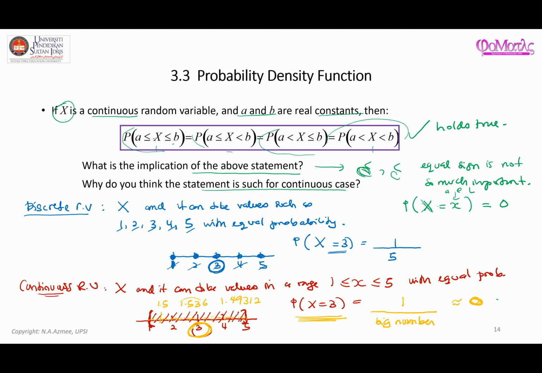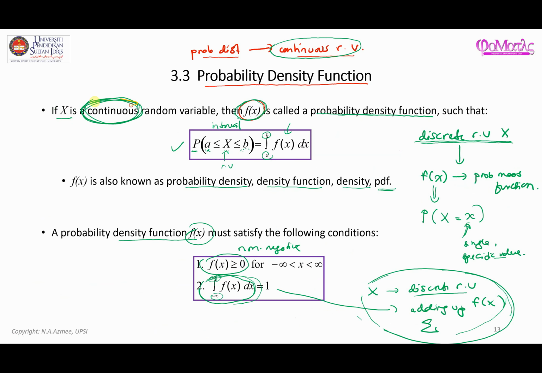Therefore, that is why when we talk about continuous random variable, we usually will be more interested in finding the probability of x being in between two values, being expressed in terms of interval. So it's different here for discrete random variable. Discrete random variable, we can express it in terms of one single specific value.